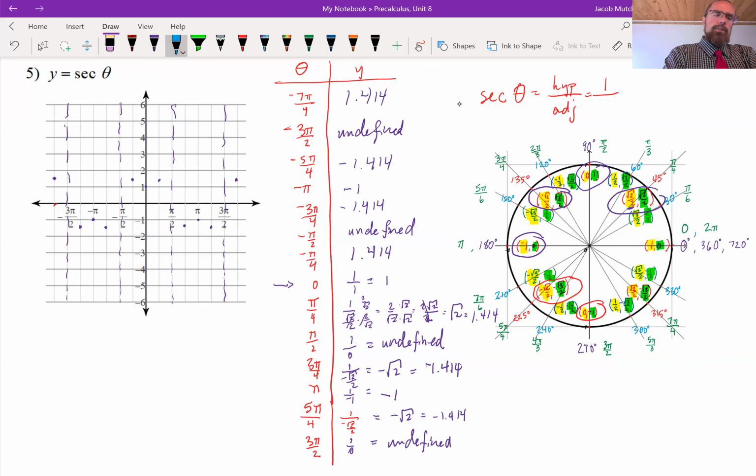I'm just working off the pattern that I see in the graphing. So I've got the points plotted, and we're going to see something similar to tangent, where this function shapes curves that are separated by vertical asymptotes. But unlike tangent, they're going to alternate. Some are going to be above the x-axis, and then the next one is going to be below. So go from above, below, above.